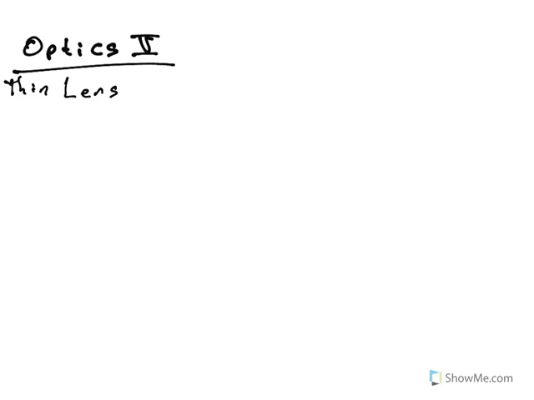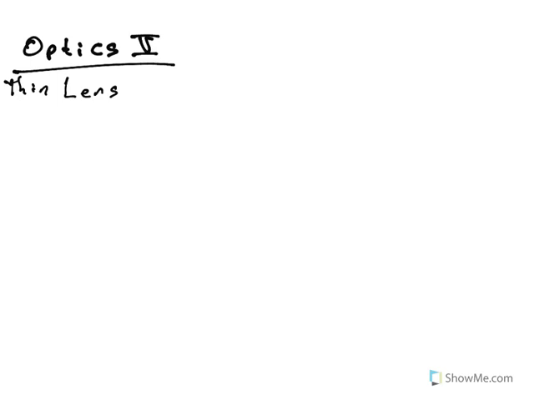The thickness of this, quote, lens, is relatively the same size as the whole thing itself, and so the way the rays of light work in a very thick lens is slightly different than a thin lens. Thin lenses are easier to work with, and in general, those are the types of lenses we have in our everyday experience. So that's what we're going to deal with, thin lenses specifically.